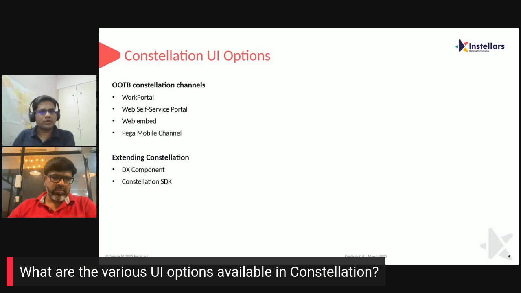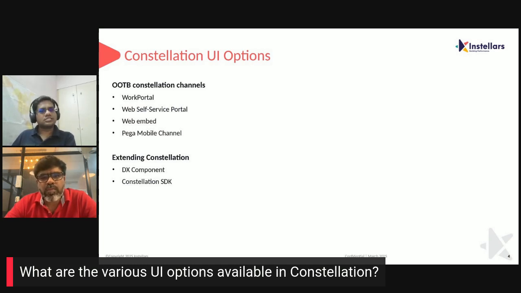For that, Pega provided Constellation DX components, which enable developers to enhance the Pega UI library by adding custom components. This allows developers to create specialized UI elements which integrate smoothly with the Pega low-code authoring experience. So that is the Constellation DX components.